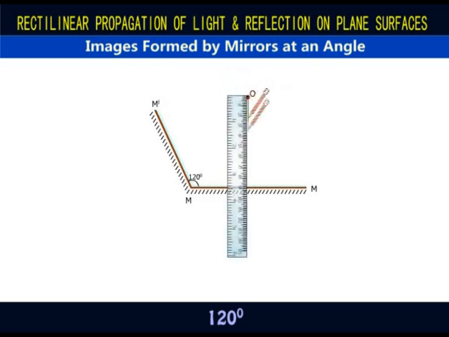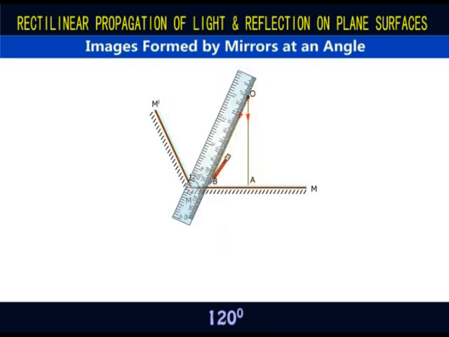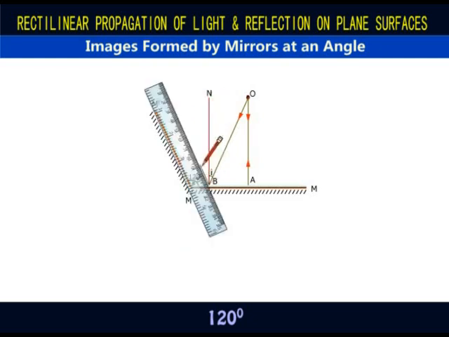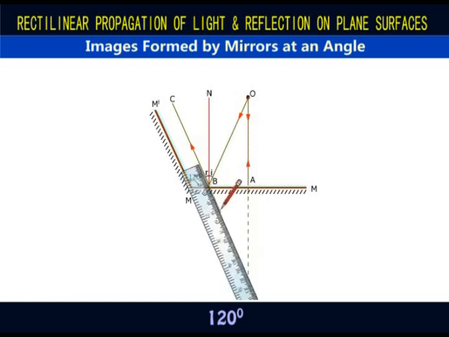Let OA and OB be 2 rays incident on the mirror MM. OA being normal or perpendicular to the mirror retraces its path, while OB gets reflected along BC according to the laws of reflection. Extending OA and BC backwards, an image is formed at O1.